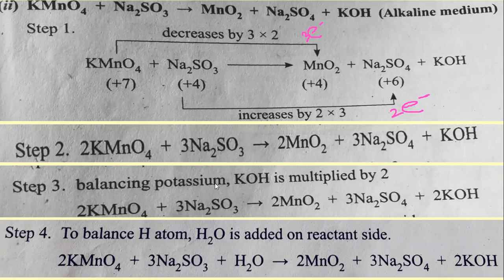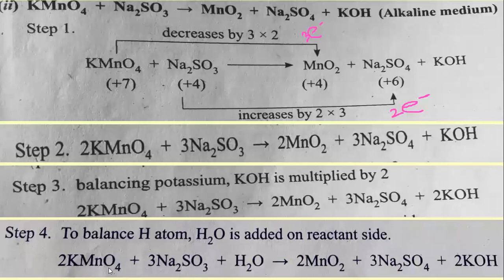So we all know OH is simply the addition of water molecule. Sometimes acidic, like that also they will give. So acidic is simply the addition of H plus. So now 2 KMnO4, 3 Na2SO3. So when we add water, we get the balanced reaction at the last step.